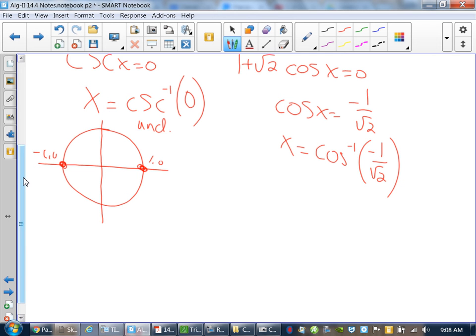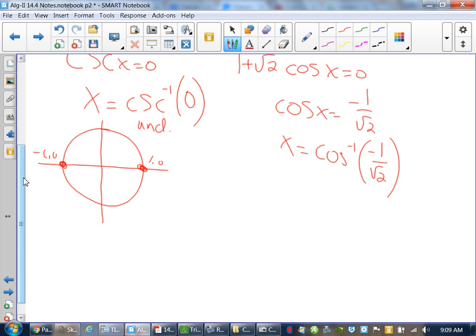Yeah, because if it was secant of 0, that would also be undefined because it would be 0 over 1, right? Correct. What's the maximum and minimum value for sine? 1 and -1. If you start at the unit circle, sine starts at 0. At pi over 2, sine becomes 1.